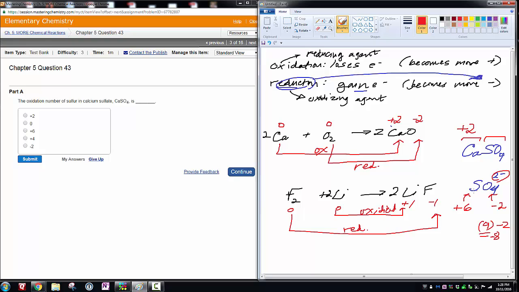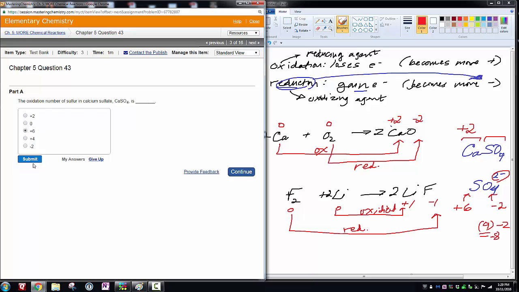It's like I'm treating this like an ionic compound, looking at priority based on electronegativity. Since oxygen is more electronegative, it gets the negative charge, and then you can deduce what sulfur is left with. So sulfur is +6.